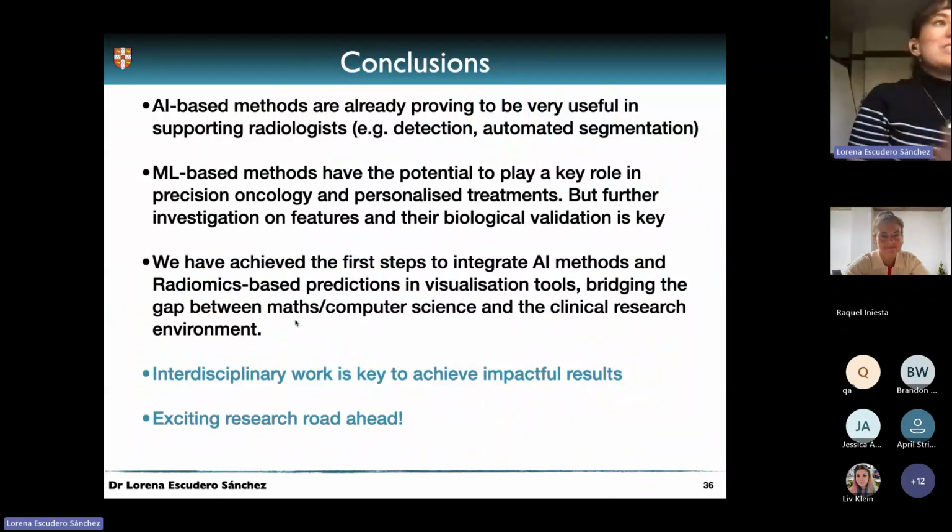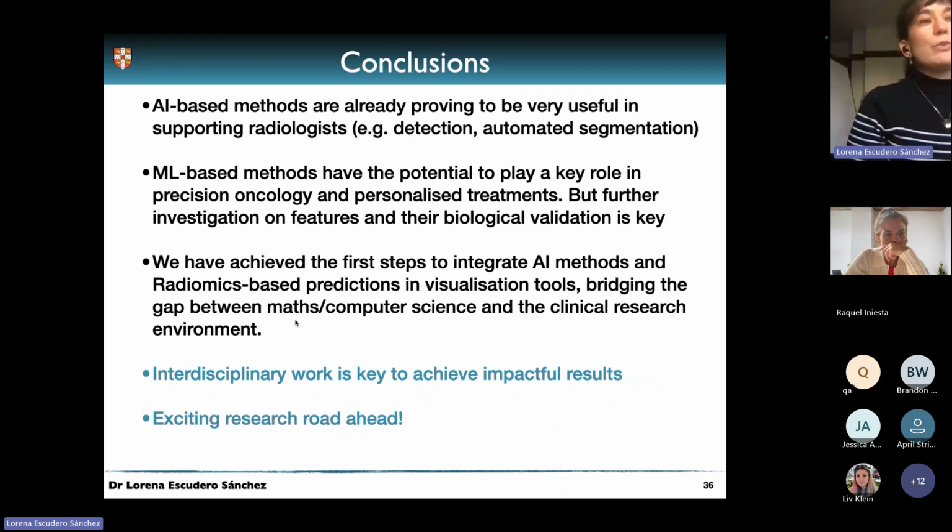I hope I have convinced you that AI-based methods are already proving to be very useful, and there's a lot of potential in using AI-based and machine learning-based methods to enable precision oncology and personalized treatments. But there's still a lot to do, and there's a very exciting research road ahead.